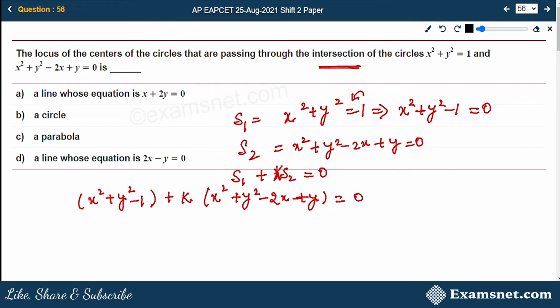Let's open the brackets. This will be x square plus y square minus 1 plus k x square plus k y square minus 2kx plus ky is equal to 0.